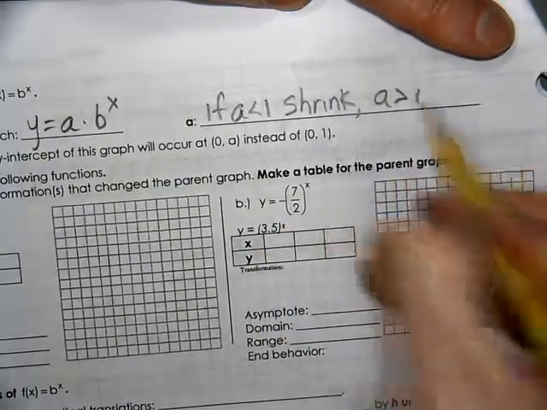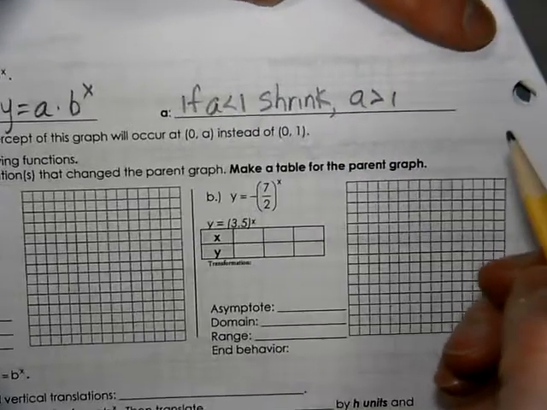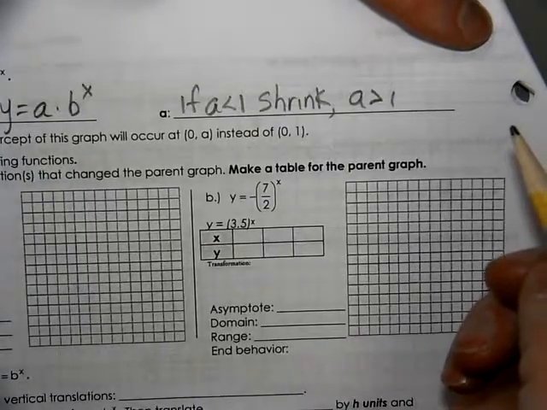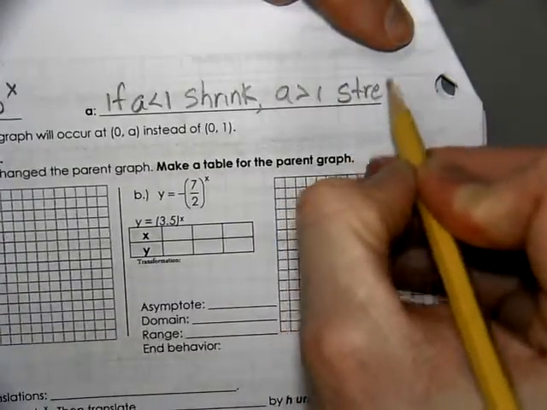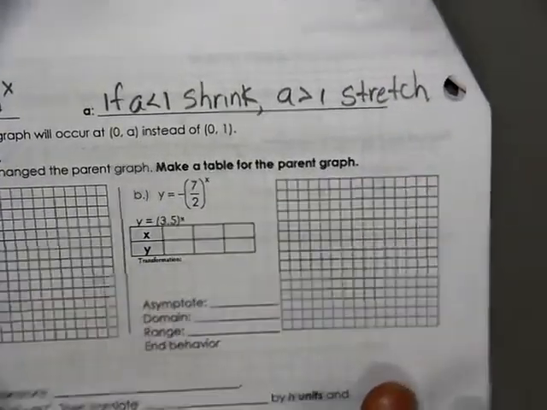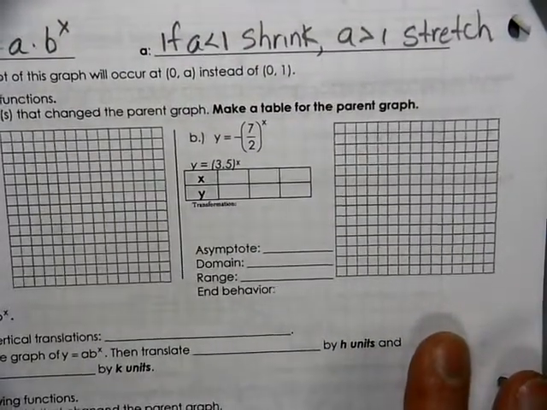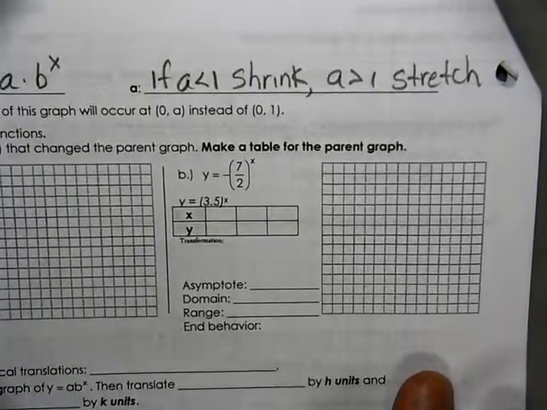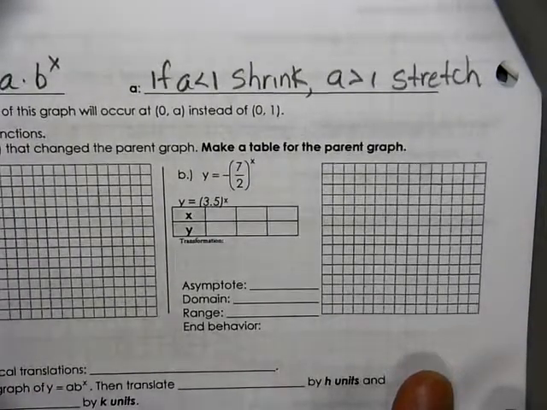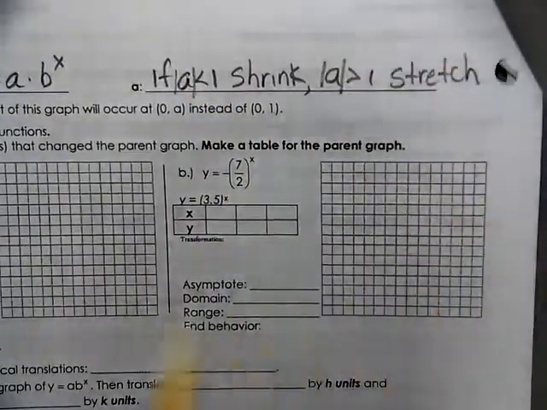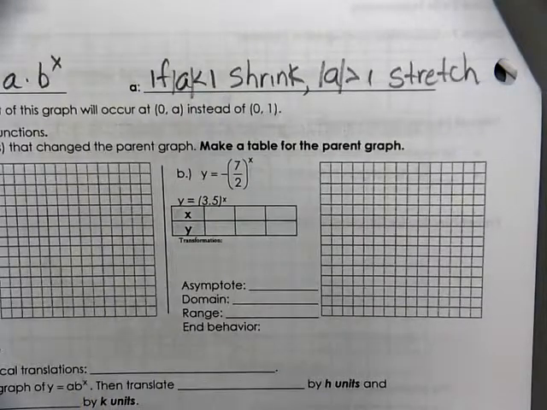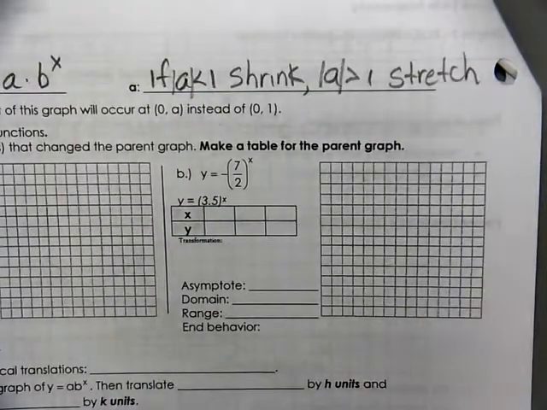If the a value is greater than 1, or as long as the numerator is greater than the denominator, we would have a stretch. So when we talk about stretching or shrinking, it's looking at the a value, specifically the absolute value of a. So we could put absolute value bars around that, because specifically we'd just be looking at what is the number itself, not if it's positive or negative.